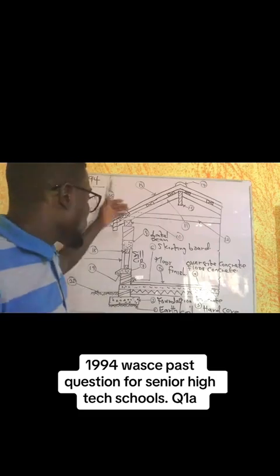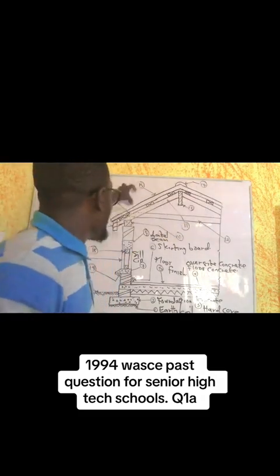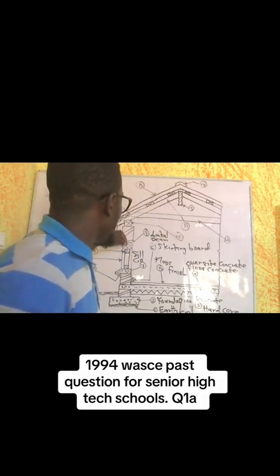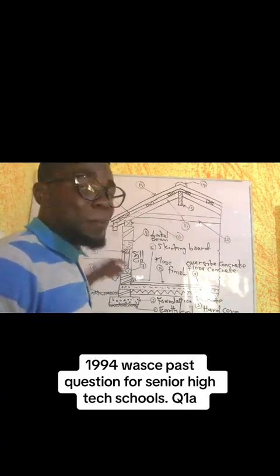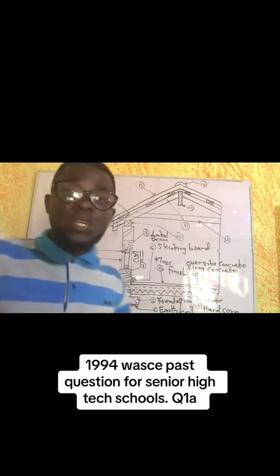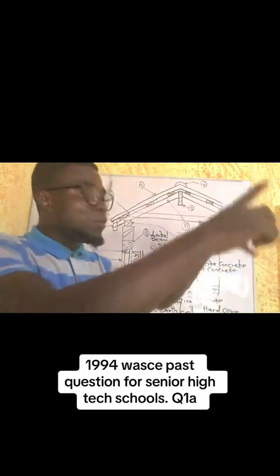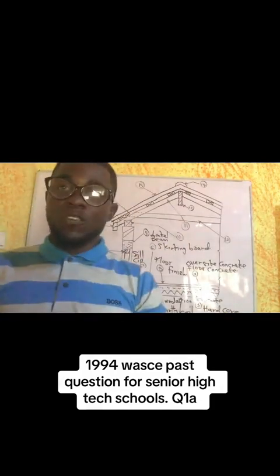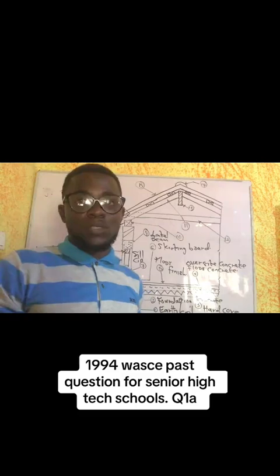But this is a lintel, which is holding it fast. It's giving it strength, because all these loads are being transmitted to this side before it transmits the load from here. And also this one has become a barrier to the window. So it is protecting the window, so that in case the frame is spoiled, you can just remove the frame and fix another one. That is the work of the lintel or the beam.